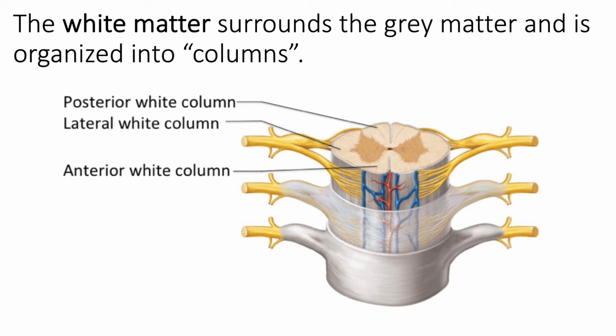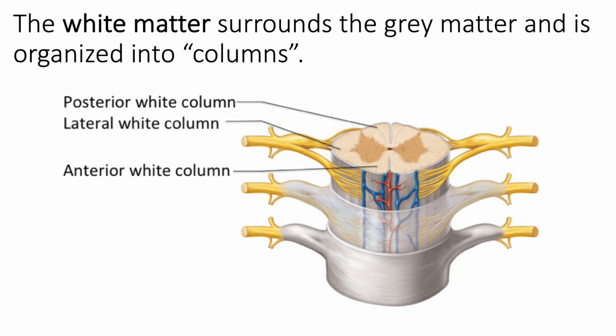So there's a deep butterfly-shaped gray matter, in the center of which is that central canal and organized into horns. And then there's this superficial white matter organized into columns. Now, white matter is composed of tracts or columns of axons.